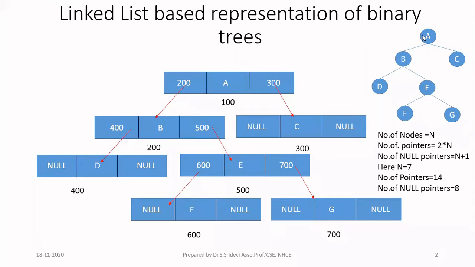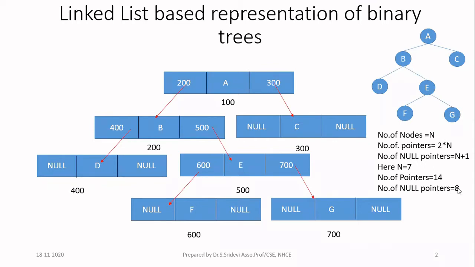Here I have n as 7. If you count the null pointers, you will have 8. For example, for D, I have 2 null pointers. Then for F, 2 null pointers, total 4 so far. Then for G, 2 null pointers, 6. Then for C, 2 null pointers, 8. So when I have 7 nodes in total, out of 14 pointers, 8 pointers are null.